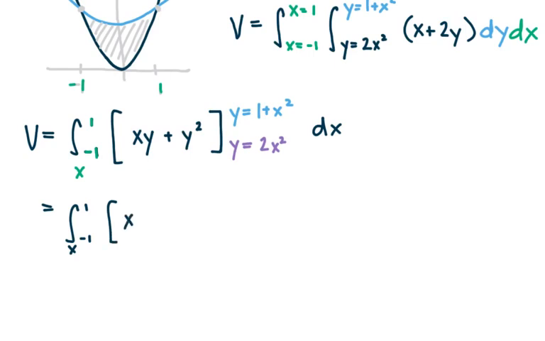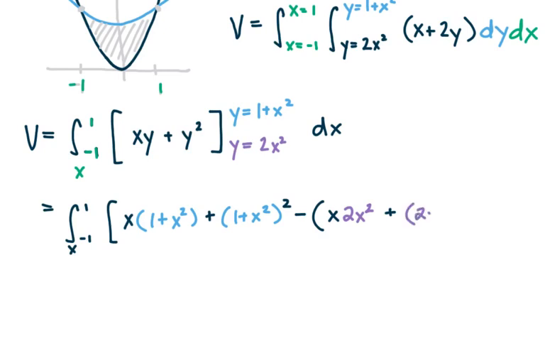So I have x times (1 plus x squared), plus (1 plus x squared) quantity squared, minus x times 2x squared, plus (2x squared) squared.